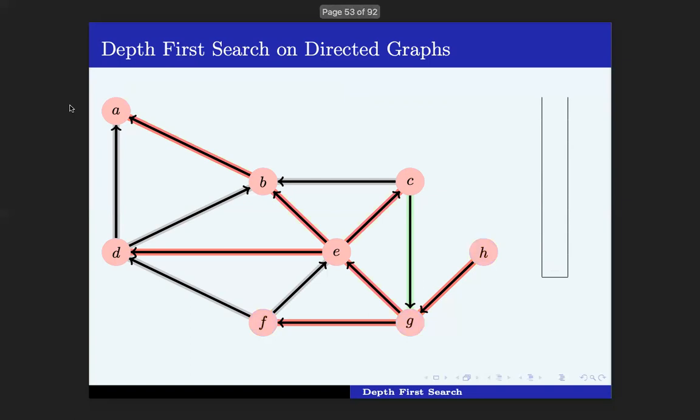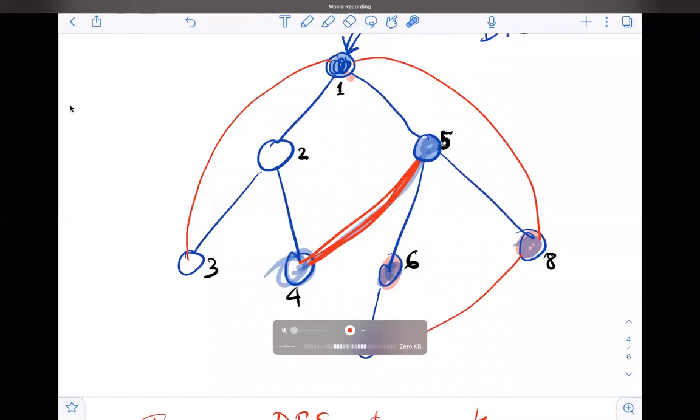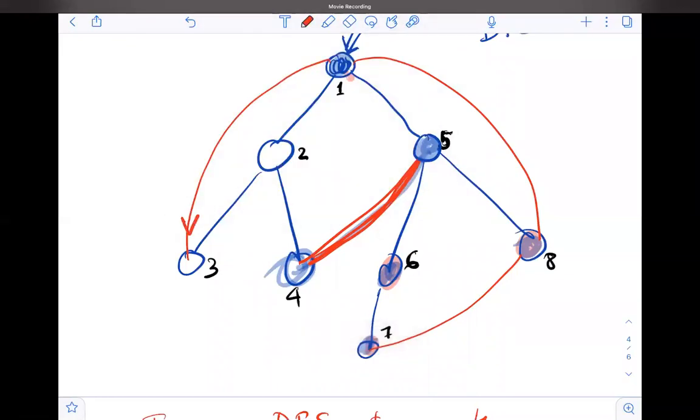You will produce these red edges, which will be back edges or forward edges. A back edge is an edge that goes back to its ancestor, and a forward edge goes to its descendant. Both of them are possible.